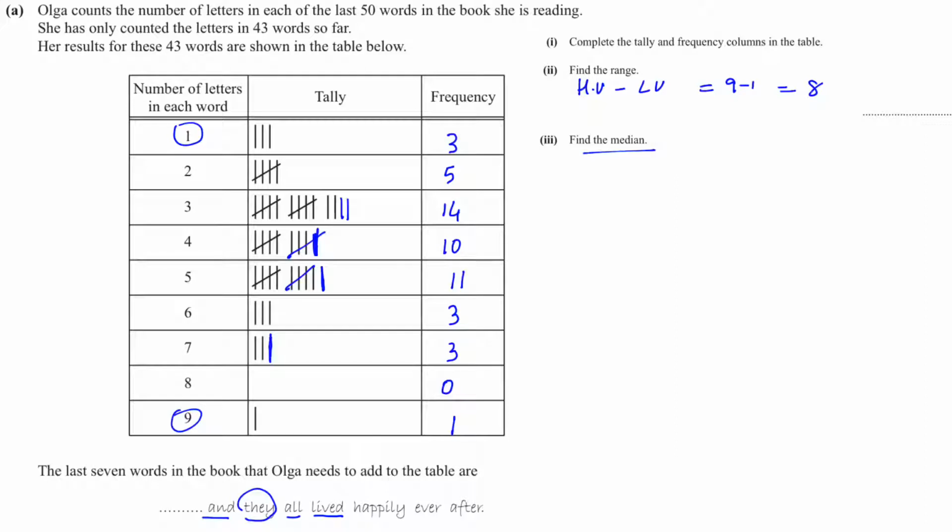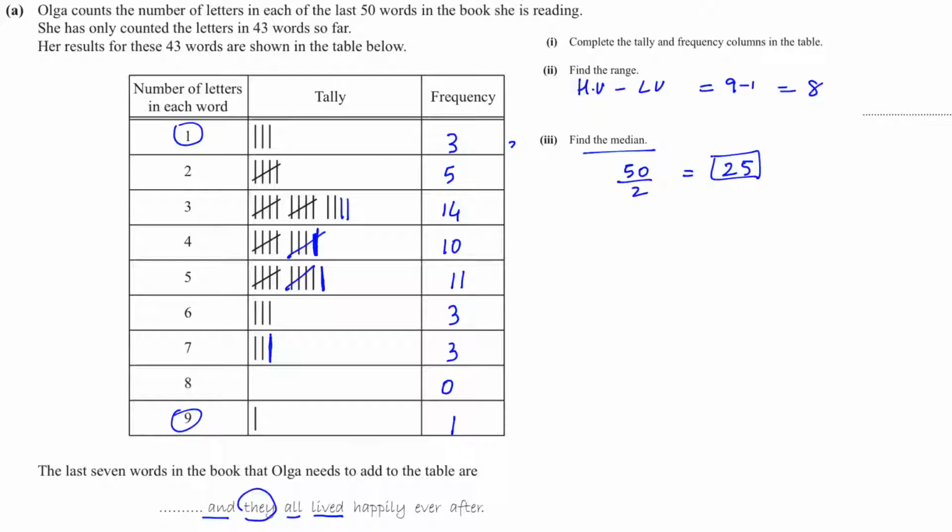Find the median. Median is the middle number. When the total frequency is 50, we'll divide it by 2. We'll get the position of the median, not the median itself, the position. We'll add the frequencies, like the cumulative frequency, and see which number represents that position.